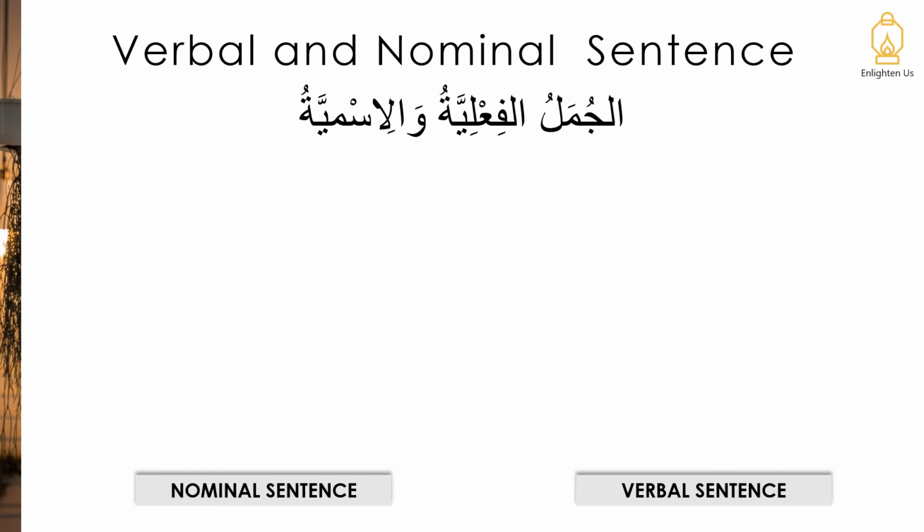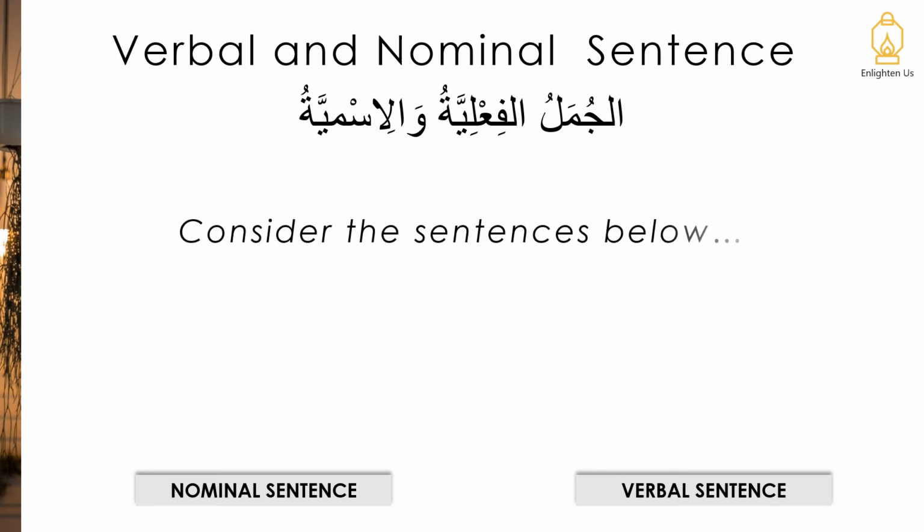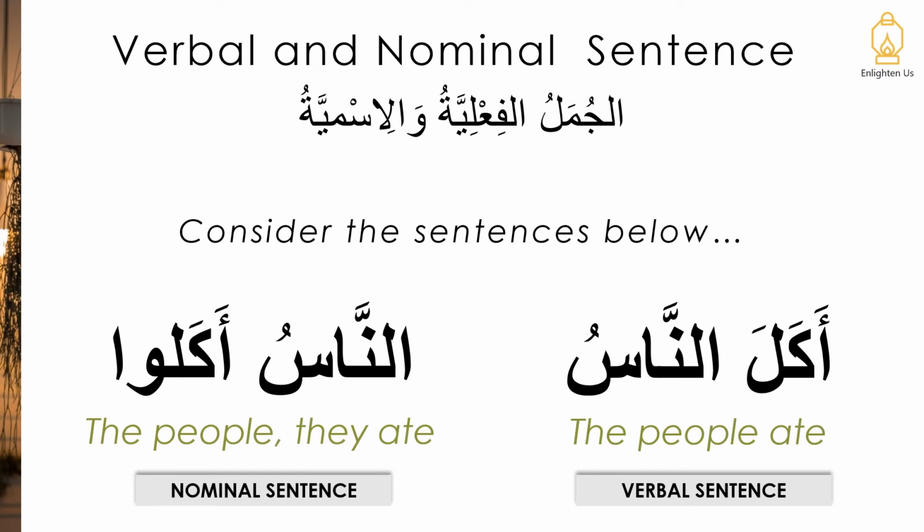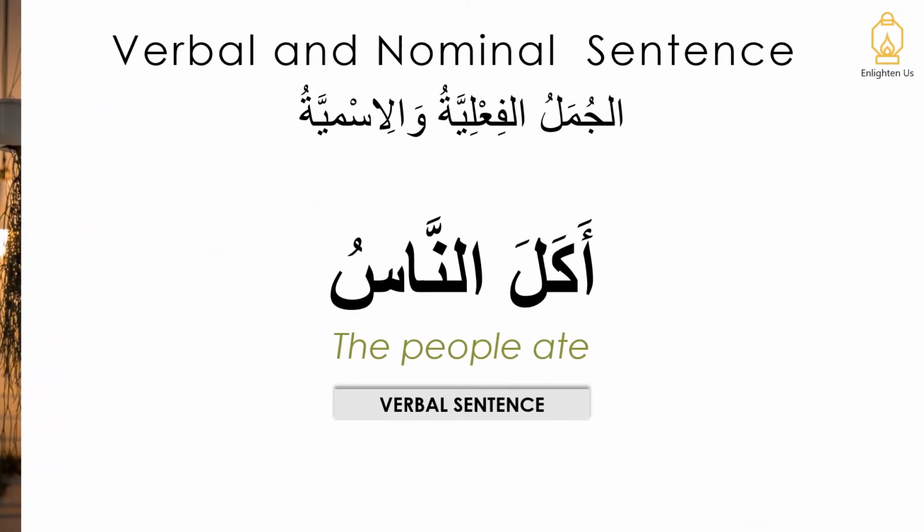Now there's another thing to consider, seeing as we're looking at sentences. Let's do a comparison between the two. Let's consider the below sentences. We have أكل الناس, the people ate. الناس أكلوا, the people, they ate. What do we notice?